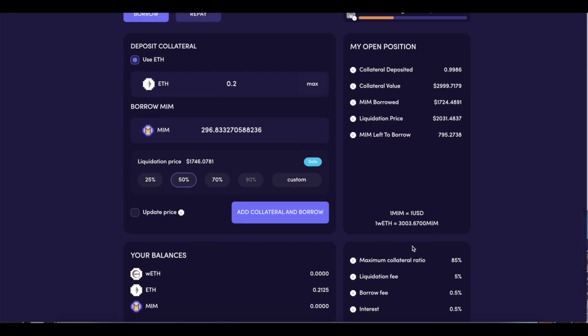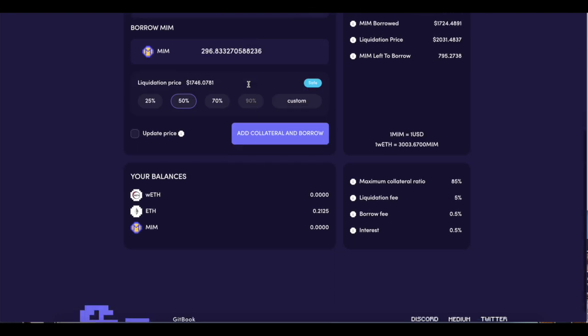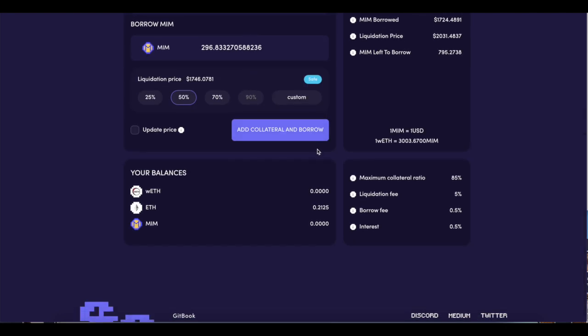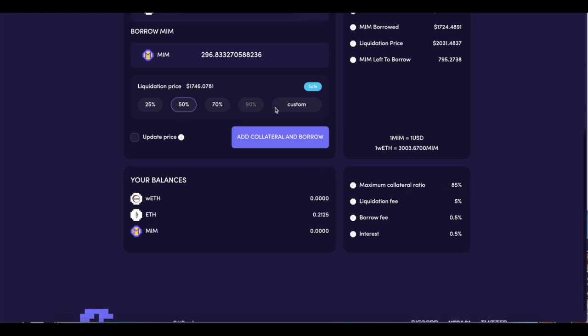Now, to put this in relation, if I deposit one Ethereum and it's worth $1,000, we're just throwing numbers out there, and I borrow $850, I'm already at 85%. If Ethereum drops $1, I'm liquidated. Why is that? Well, because my collateral ratio is over 85%. That's how you can understand that.